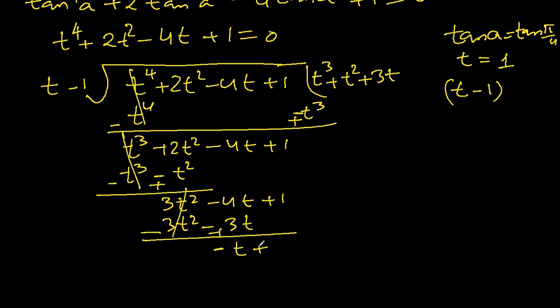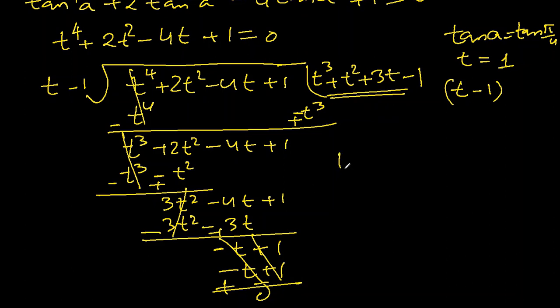Minus t plus 1. And minus 1 will multiply, minus t plus 1. And they cancel. So this is our second answer. T cube plus t square plus 3t minus 1, and we already had a t minus 1 equal to 0.